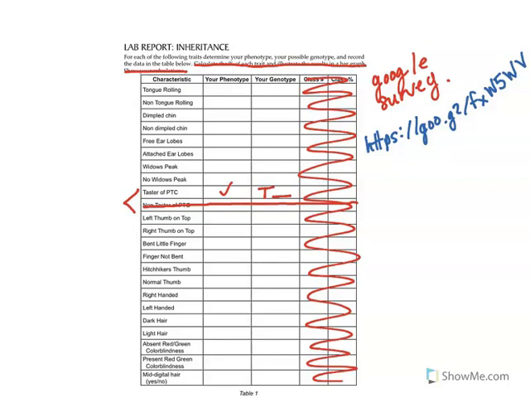And you're going to fill out the survey, which is basically all this information. I'm going to ask if you're a tongue roller. I'm going to ask if you have a dimpled chin or not, earlobes free or attached. You are going to answer that for me in the survey and turn it in when your lab is due.